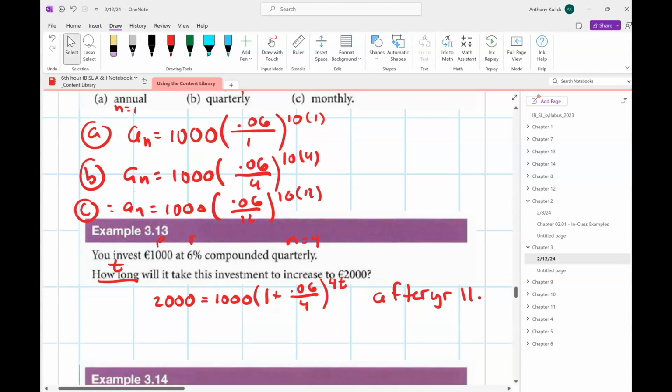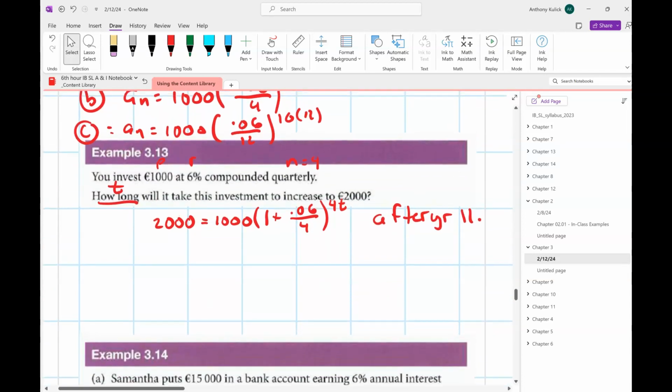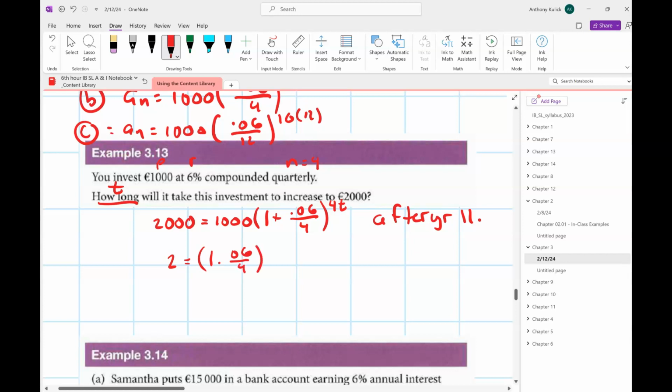If I wanted to do this algebraically, though, I could also do this to solve for t. In doing so, what would I need to use? I'll end up needing to use a logarithm. So my first step would be divide both sides by 1,000. And then to get that exponent by itself, I'm going to need to use a logarithm.